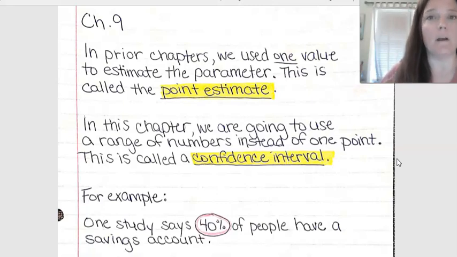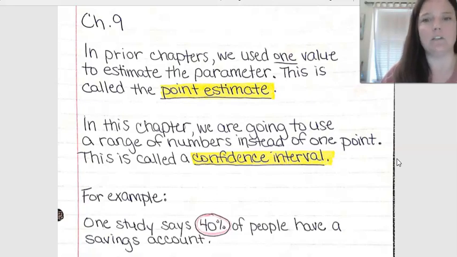And so we're using one point to estimate what that true parameter is, right? The problem with that is that our point estimate could be wrong, right? We take one poll and we get that percentage, but we're not ever really sure if that one number is the true parameter, right? It's just an estimate, and it's just one estimate.